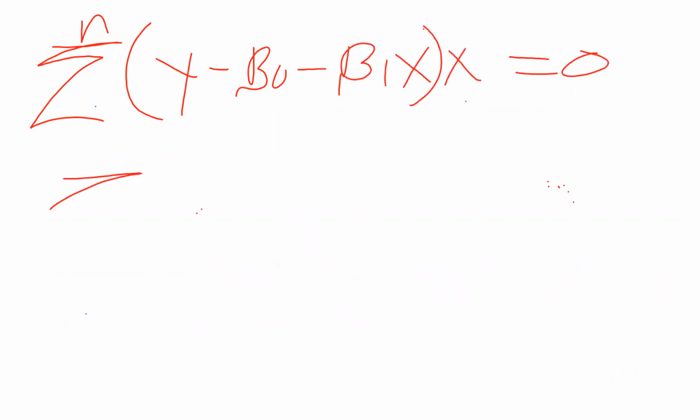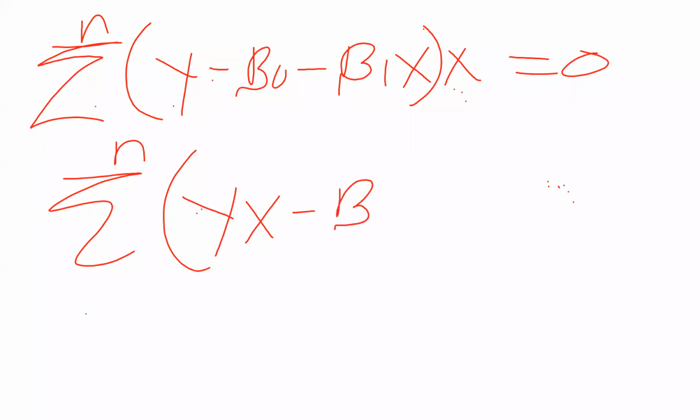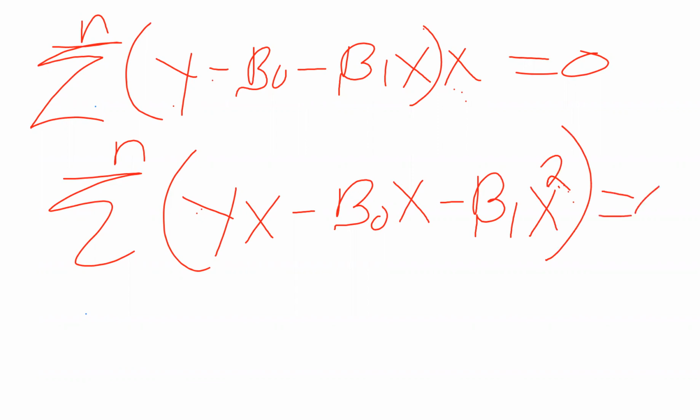So we have the summation over n of yx, x times y is yx, x times negative beta naught is negative beta naught x, minus beta 1 x squared, right? That is equal to 0. You are agreeing with me up to this far? Clear?